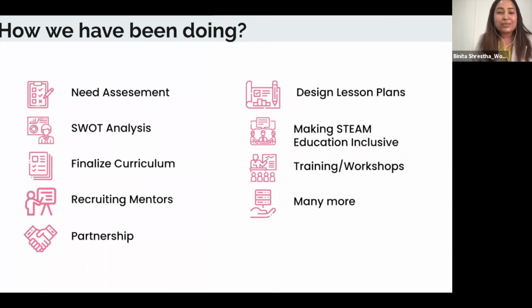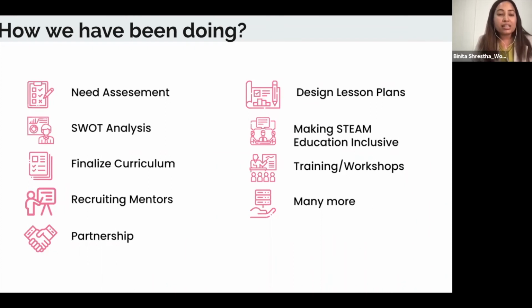So how have we been doing this? There is a series of processes that we follow, because as I mentioned earlier, we have been working with adolescent girls at school, and we involve these processes to design and develop the STEM curriculums, and then disseminate them via online and offline copies.